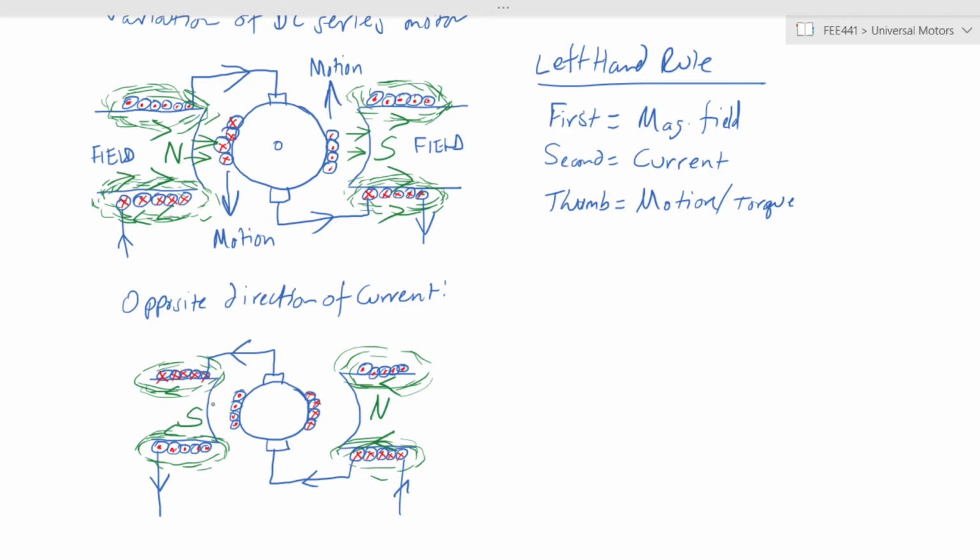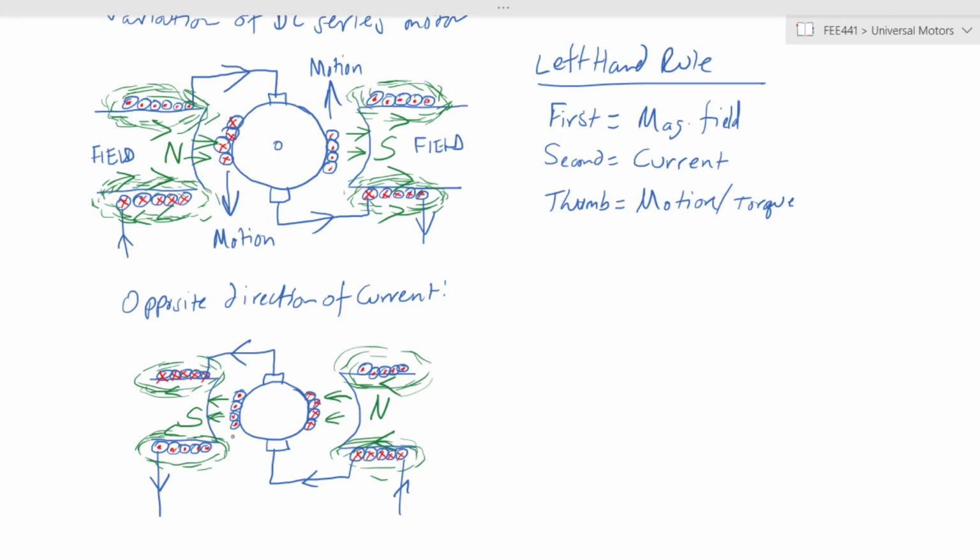Okay. Now, what happens in this case to the armature? The armature, using the same left-hand rule, now has the action of the magnetic field in the opposite direction. So our first fingers are pointing in the opposite direction.